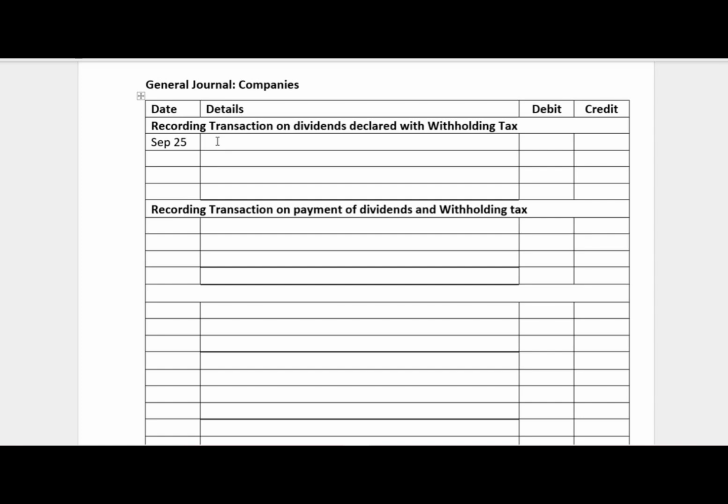And then when you are recording dividends declared together with withholding tax, let's say for example, they've made a declaration on ordinary share dividends.